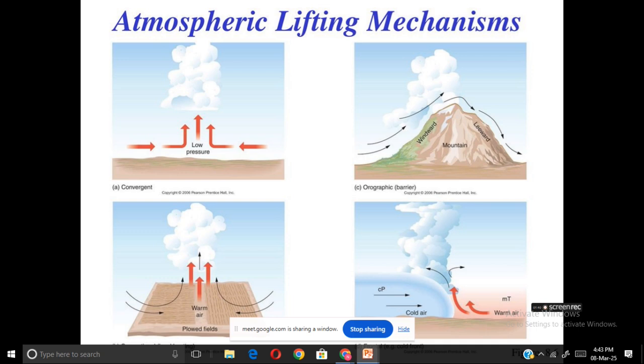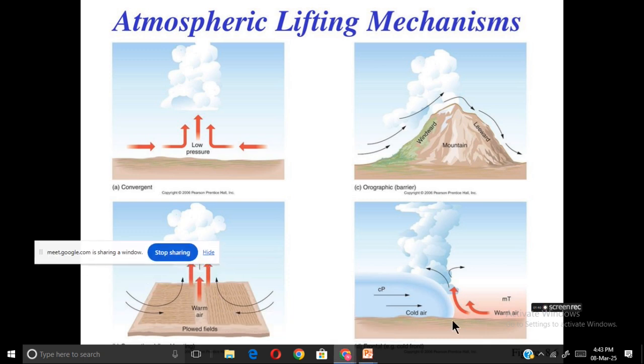And the fourth one is frontal systems. Suppose cold air is coming from one region and warm air is coming from another region. At some point, these two air parcels will eventually meet. Cold air has a lower temperature and warm air has a high temperature.